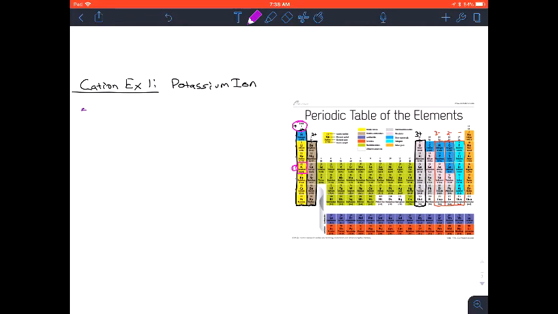You're going to need 4 energy shells because of the 4th period. It's going to have 1 valence electron because it's in group 1, but because we're talking about an ion, we also have to lose 1 valence electron, which in turn means that we're going to lose the valence shell.